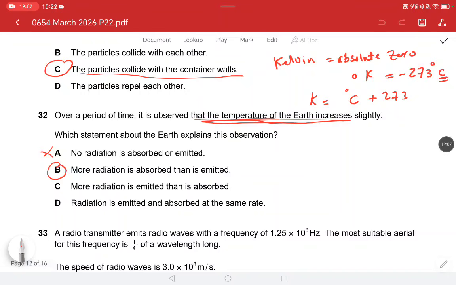They may also give you a vacuum flask and ask which material is good to use inside or outside. Of course, inside the vacuum flask, it should be a shiny surface, which makes poor emitters.